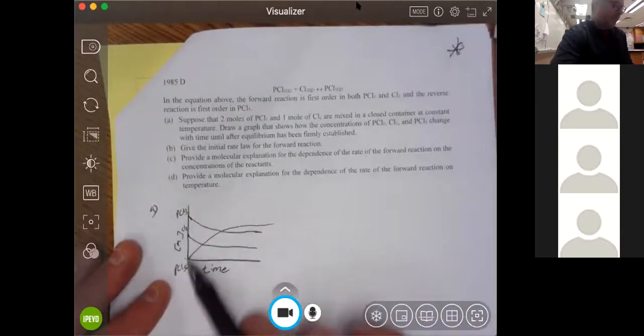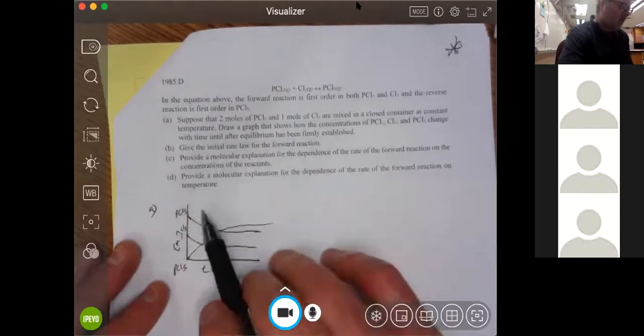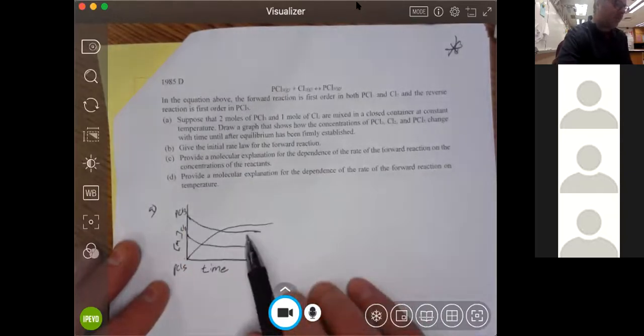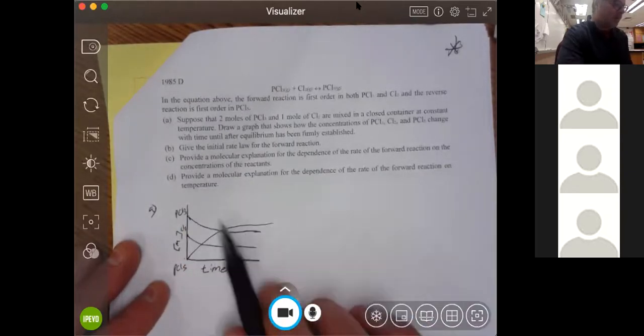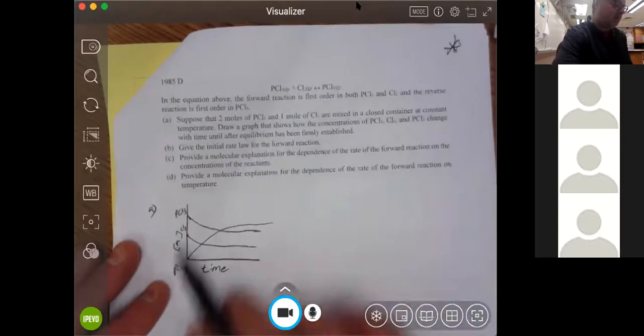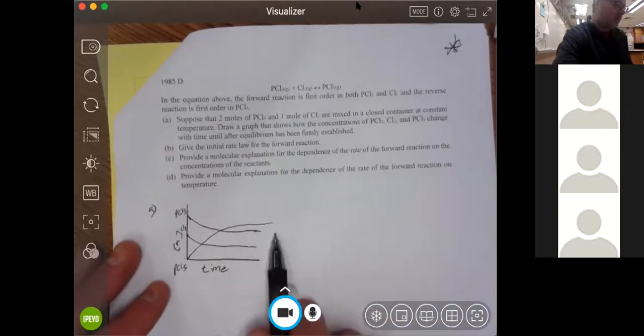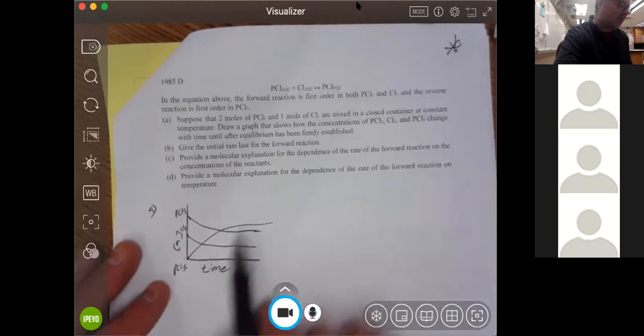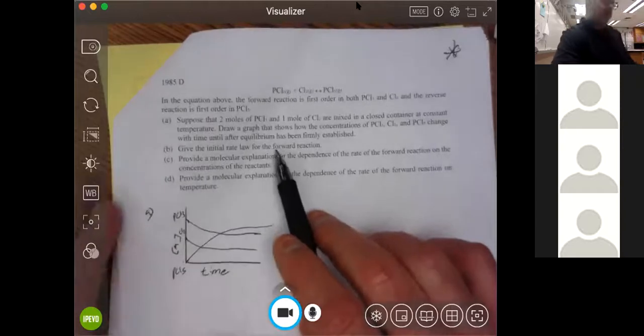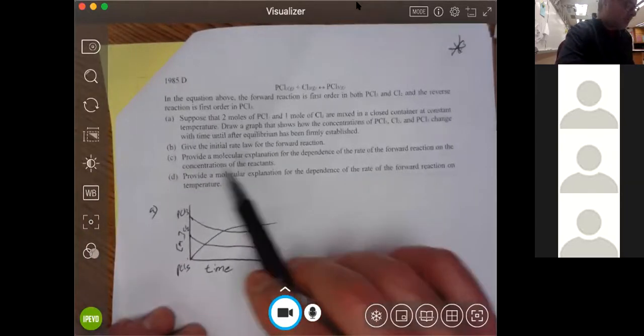But that's the gist of it. You want to make sure that there's more PCl3 because they put 2 moles of that in there, then Cl2. I probably should have made the PCl5 more like this, but it's fine. Again, we don't know at equilibrium what the deal is there.